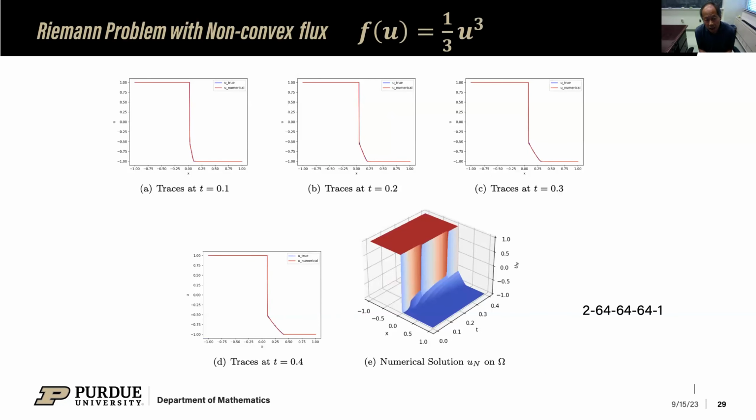So this is a harder problem we did, for the non-convex flux. One, of course, is a cubic, and the other one, I forgot what the name was. For these problems we have a compound shock wave. So part of it is the shock, and part of it is the rarefaction wave. This one is much more difficult for us, because we're using the time-space approach, right now it takes us a long time.